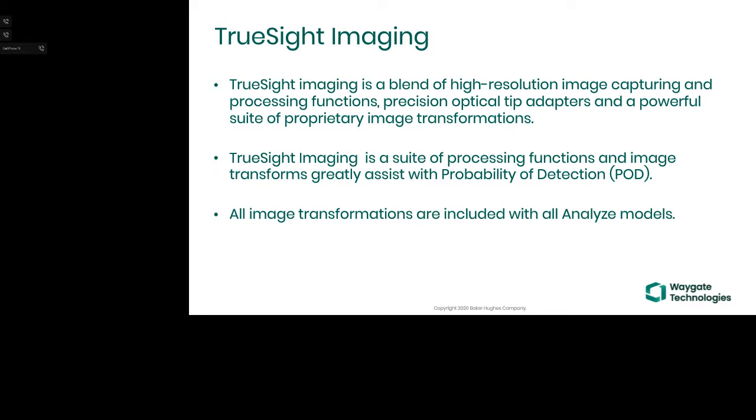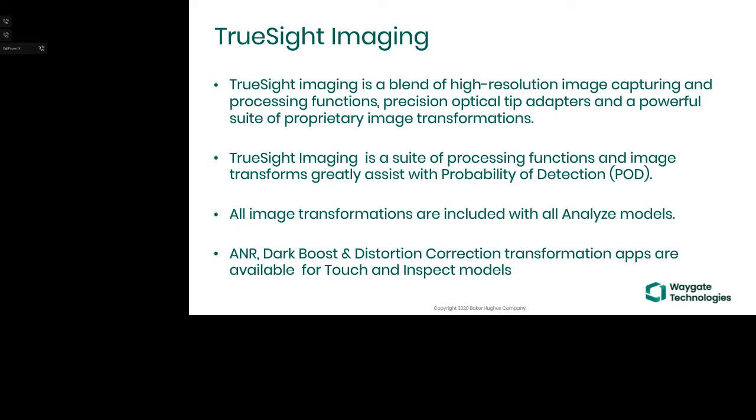They can be added a la carte so that you don't get any more than you need, but they're all available to you through a la carte or through the Mentor Visual with everything in it. I'm going to spend some time today talking about these transforms, especially adaptive noise reduction and dark boost and distortion correction. Those are the ones that are available, like I said, as apps. But I want to show you how to use them to get the most out of this instrument.